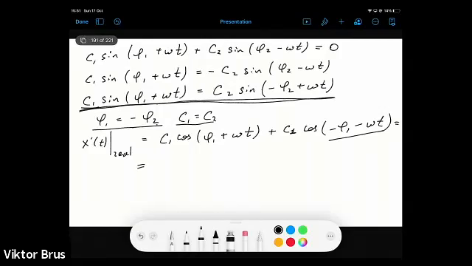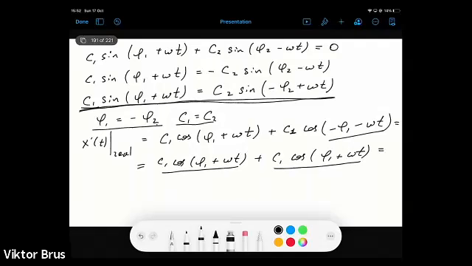So it will be equal to C1 times cosinus phi1 plus omega t plus C1 cosinus phi1 plus omega t. So actually we have two identical terms here, and that will be equal to 2 times C1 times cosinus phi1 plus omega t.